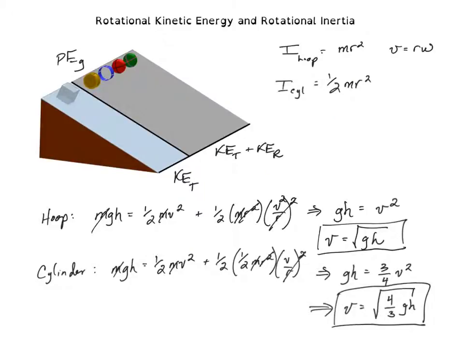So again, the soup can race was a silly means to an end, I guess you could say, giving us a very extreme example of how mass can be distributed to then affect its translational and rotational kinetic energy to then win that race.